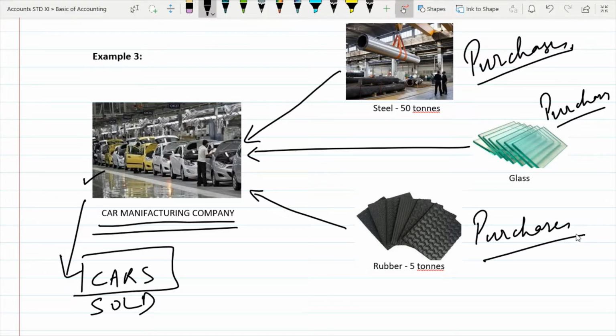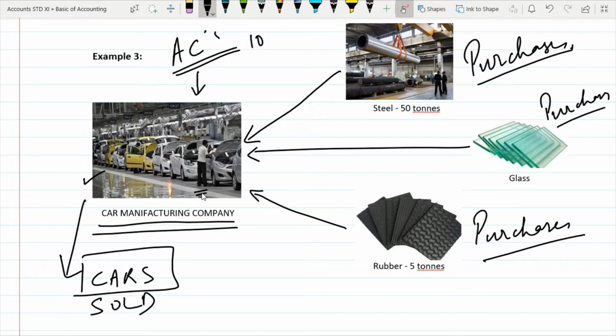Suppose this company buys air conditioners, say 10 air conditioners. Now, these air conditioners will be installed in this industry, in this workplace. They are buying 10 air conditioners to be installed for their employees so that their employees can benefit and can work without any hardships.